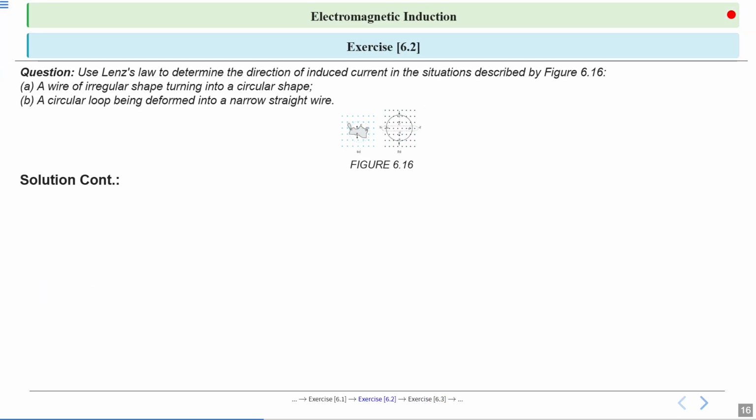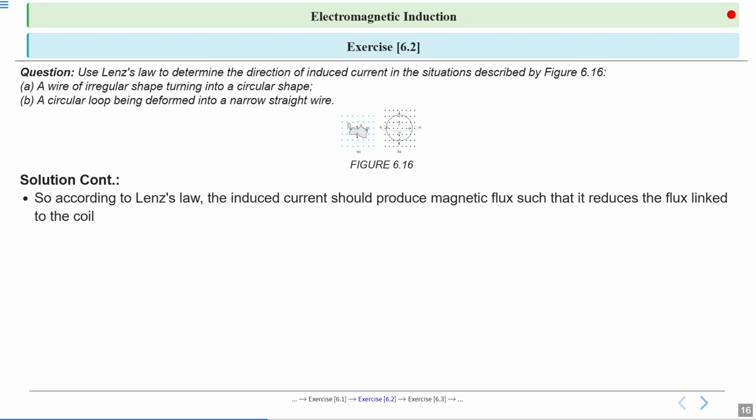Since magnetic flux is increasing, according to Lenz's law, the induced current should produce a magnetic flux such that it reduces the flux linked to the coil. So flux is increasing, so induced current will be such that it will reduce the flux that is being increased. So induced current will produce the magnetic flux that will reduce or oppose the flux linked with the coil due to the magnetic field.